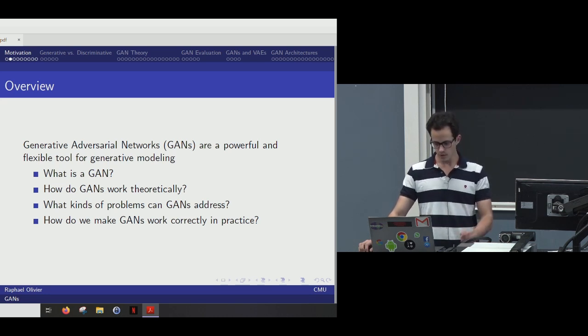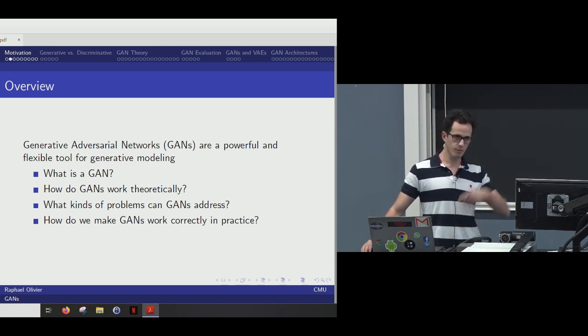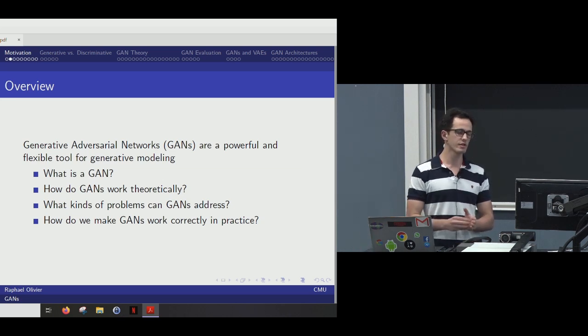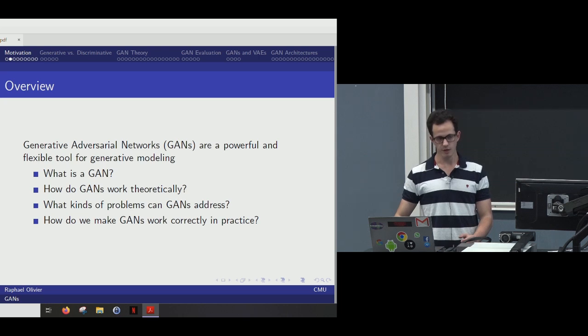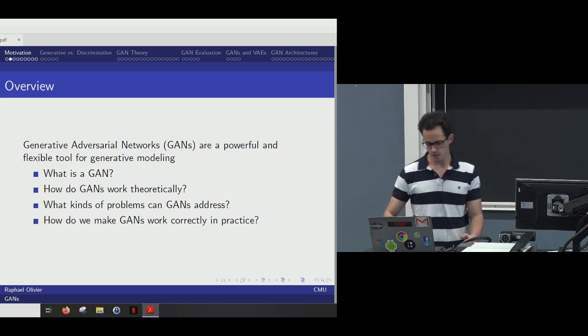So we're going to see what a GAN is, how they work, what you can do with them, and also how to, in practice, make them work and come through a bunch of optimization problems that they raise, but that final point will mostly be the topic of next Wednesday's lecture.